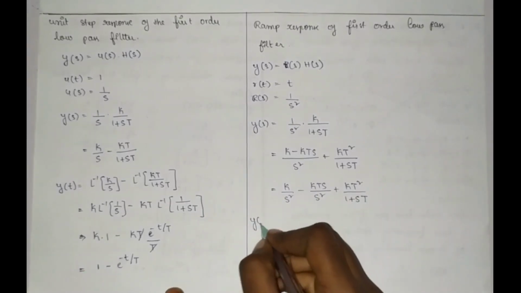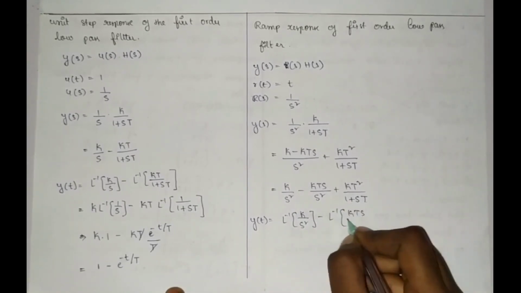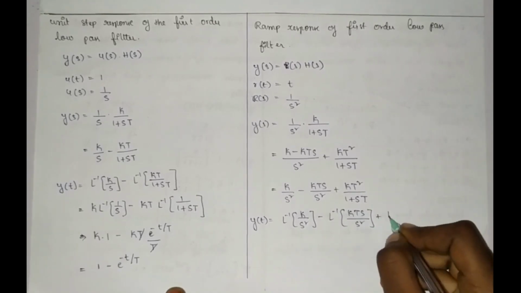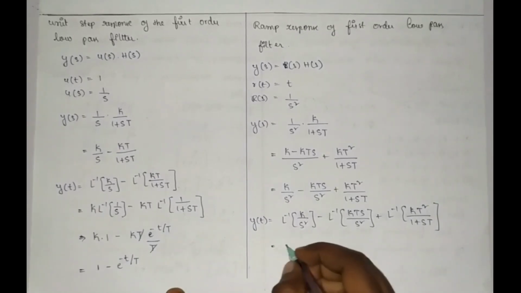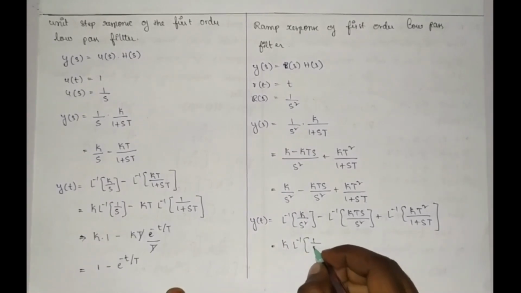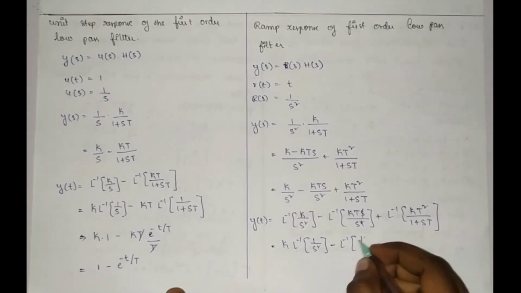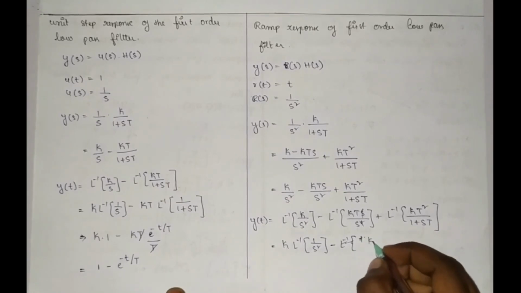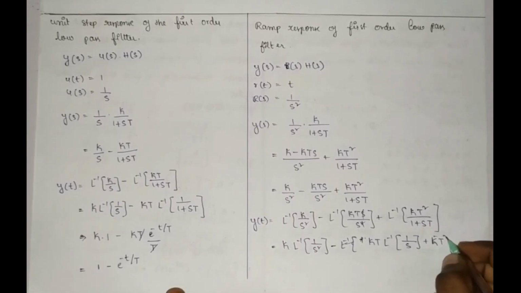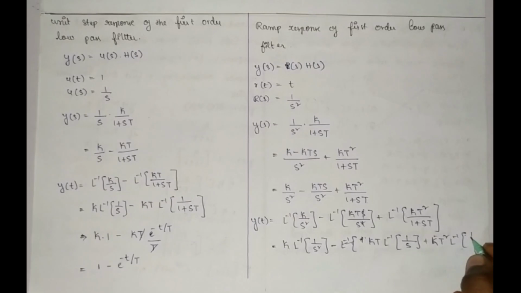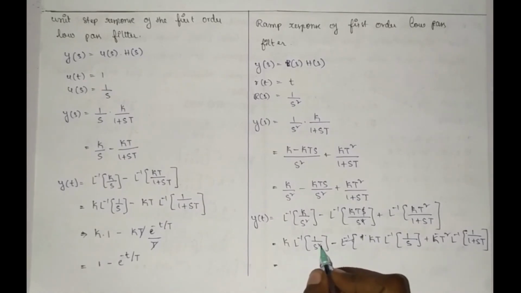So y of t is equal to L inverse of k by s square minus L inverse of kts divided by s square plus L inverse of kt square divided by 1 plus st, which is equal to k into L inverse of 1 by s square, s gets cancelled, minus kt into L inverse of 1 by s plus kt square into L inverse of 1 by 1 plus st. L inverse of 1 by s square is equal to t.